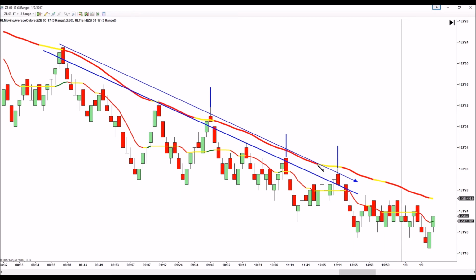Because you've got an area of dual resistance. You have the 50 and you have the upper channel line. Here you have the 50 and the upper channel line. And to get a trade on bonds that runs this far on 4 contracts is a $600 or $700 trade. I mean, if you get one of these in a day, you're done. But we just don't have a system-generated entry to capture this because it's so difficult.